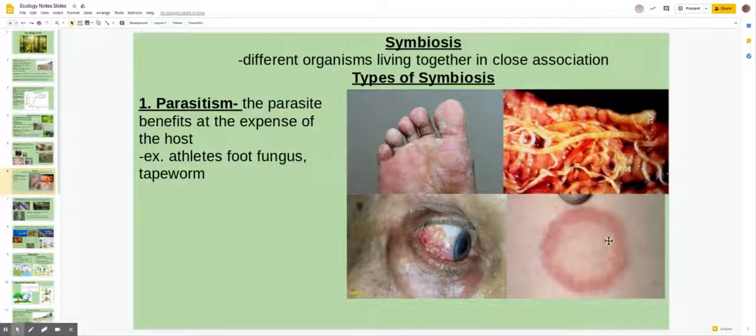This is an example on the bottom right here. This is an example of an infection that sometimes, who gets it? Like wrestlers will get it. It's a fungal infection that you can pick up from spores that are found right in the environment around us.